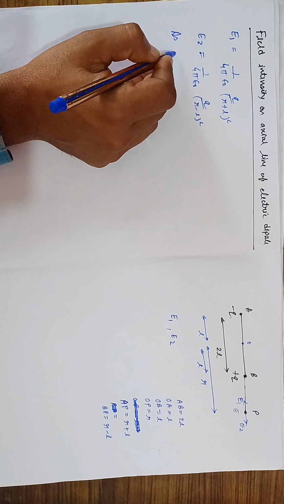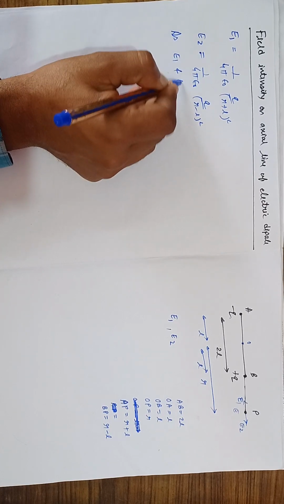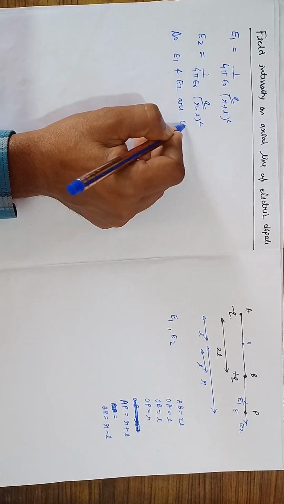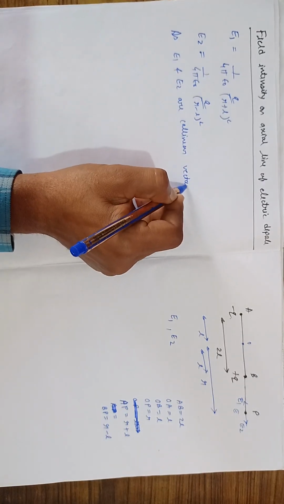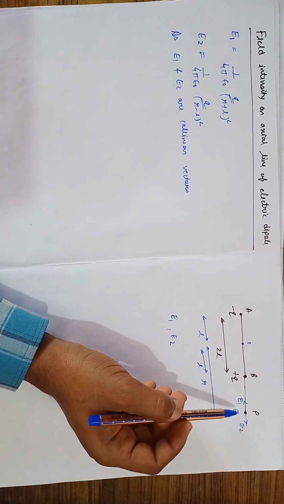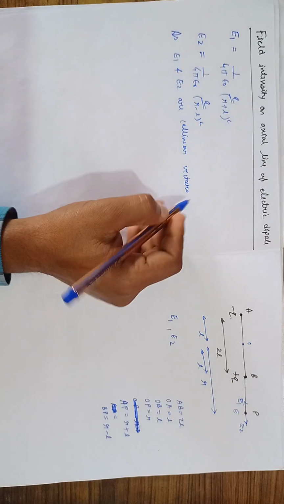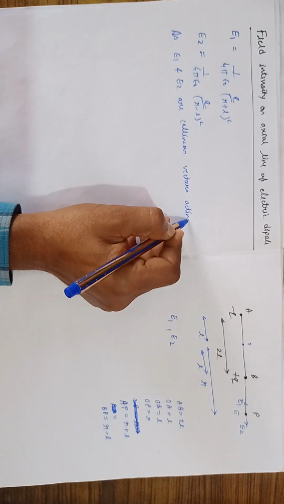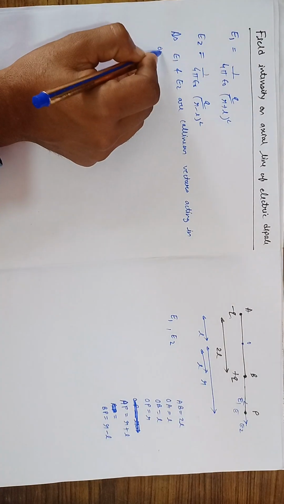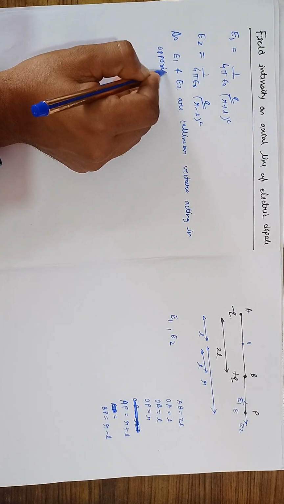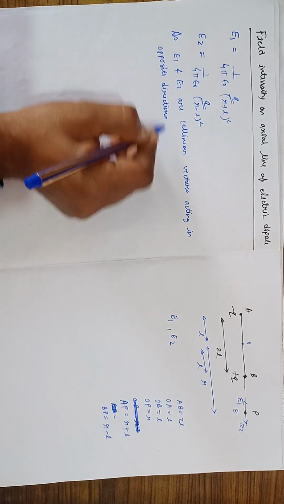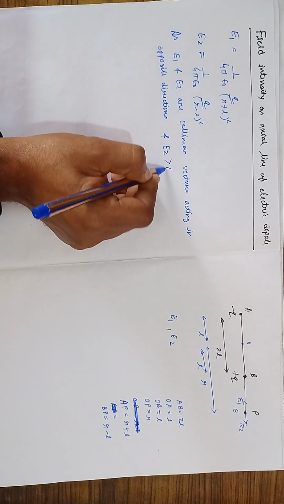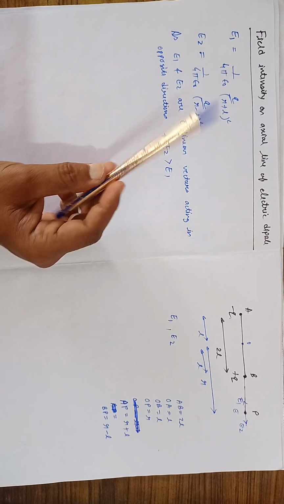Now, as E1 and E2 are collinear vectors acting in opposite directions, and E2 is greater than E1. Why is E2 greater than E1?